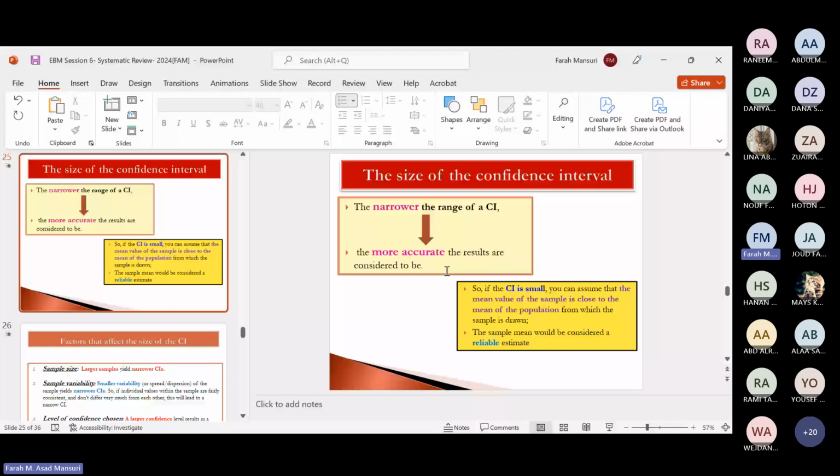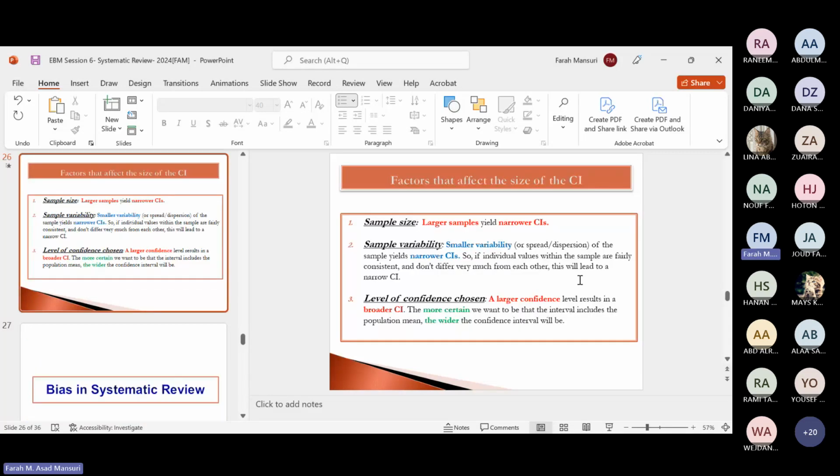So we can say that if the confidence interval is small, that means the sample is close to the mean of the population. That is, the mean value of the sample is close to the mean of the population, and it is a more reliable estimate. Because if we increase the sample size, that may yield a narrow confidence interval and bring more precision.